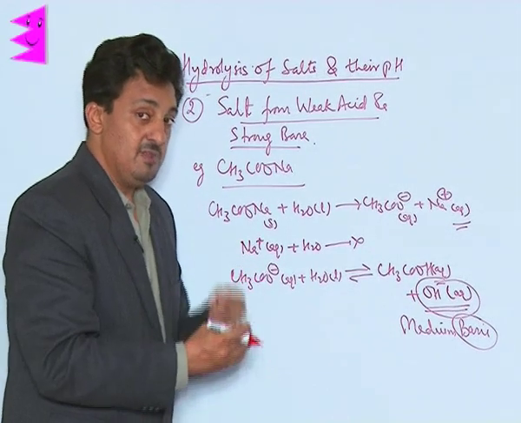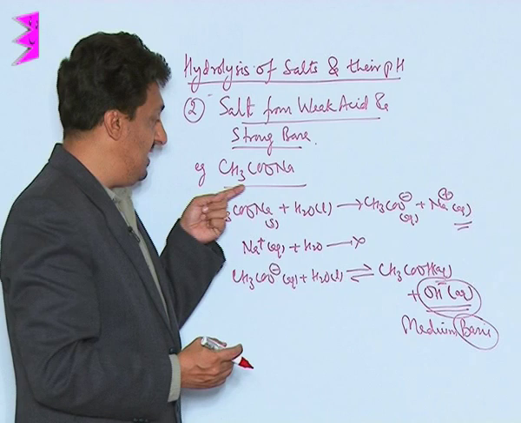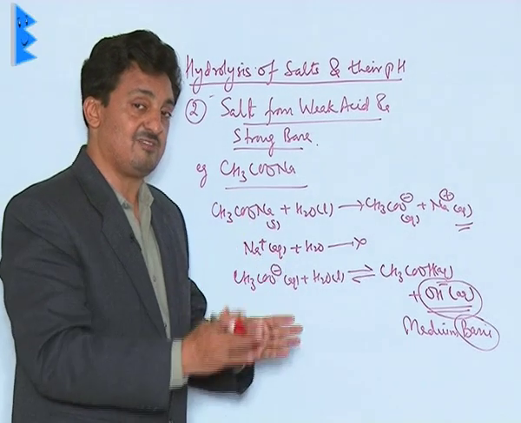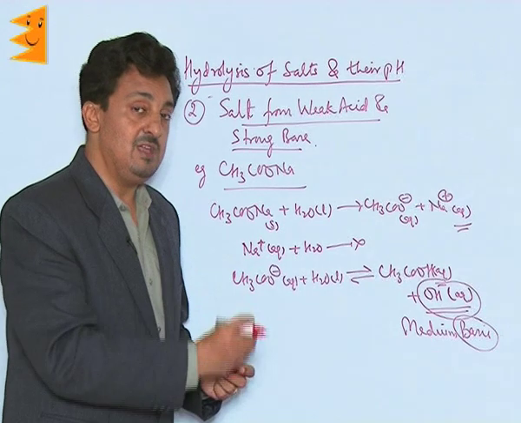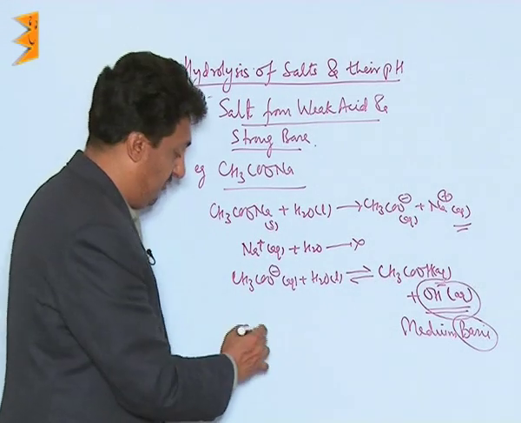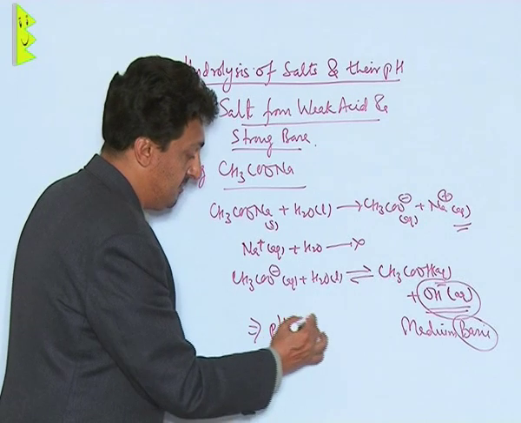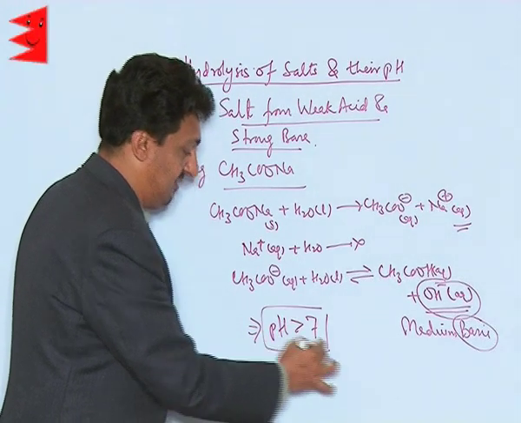So it means the moment you put these types of salts, which are formed by the combination of a weak acid and a strong base, the medium becomes basic. Therefore, in these cases, the pH will become more than 7.